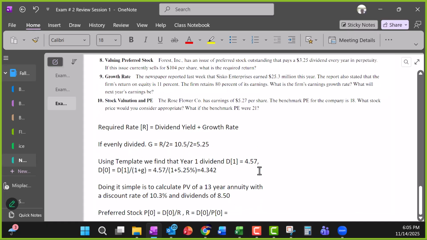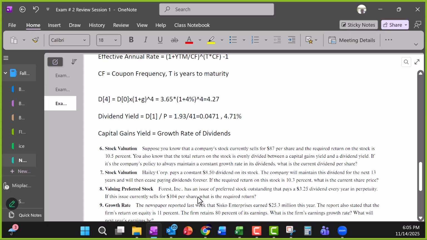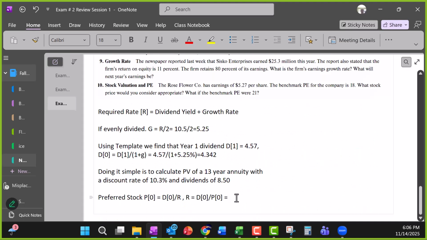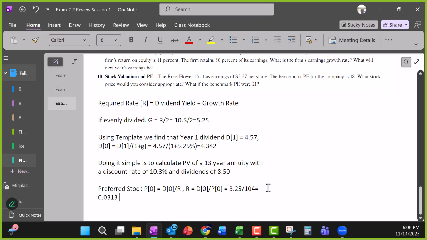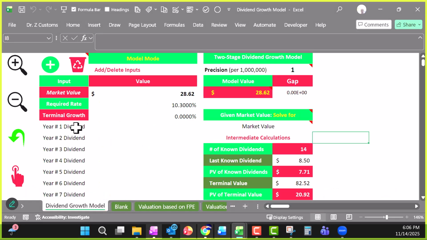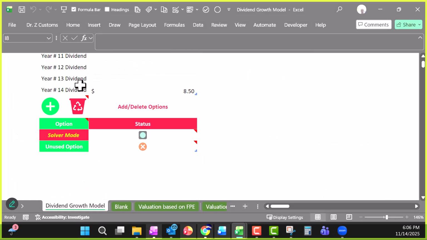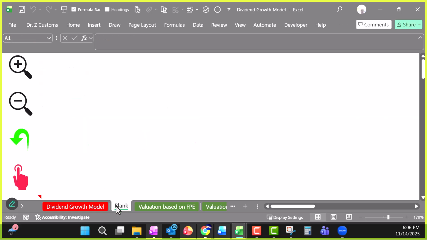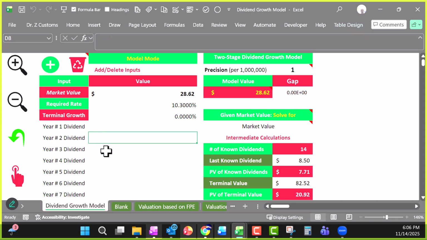So for this problem, let's go ahead and do it. 104 and 325. So 3.13%. Or you can go ahead and do it here. Oh, by the way, if you have too many inputs and you want to get rid of them, just click on the cells, rows that you want to get rid of.